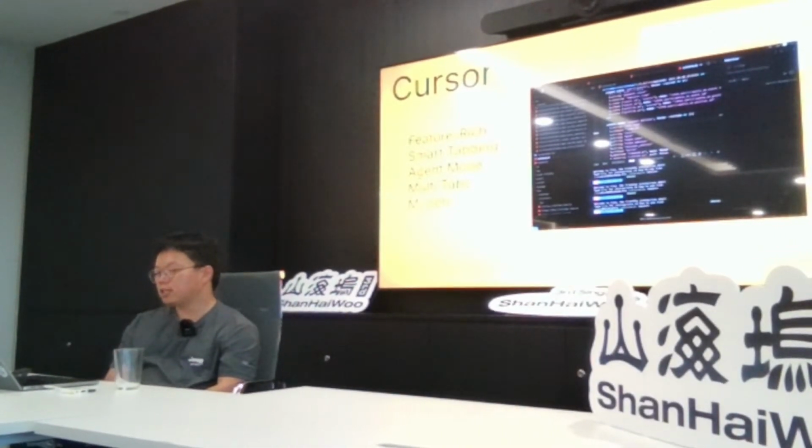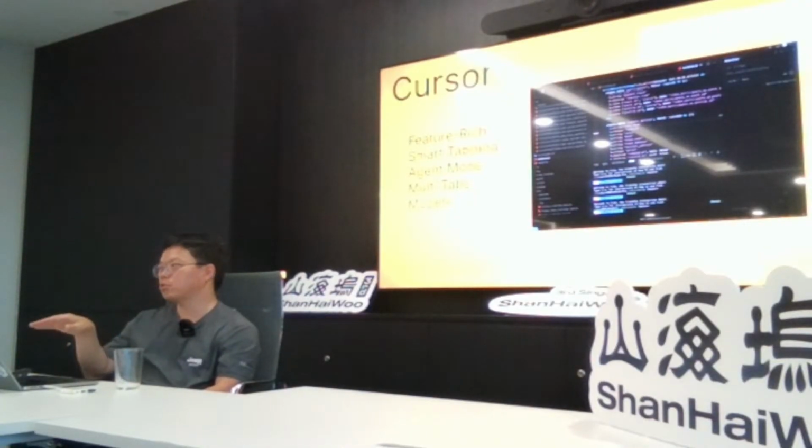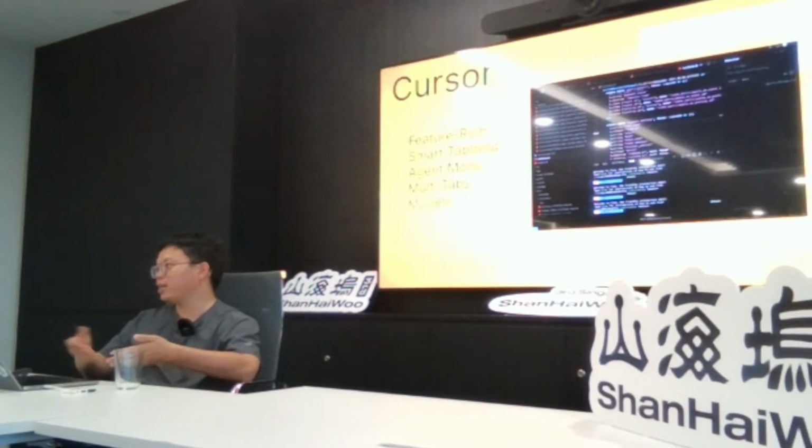But the problem is that it's guessing the origin of the issue from the stack trace and from the error message, but it may not get the right answer. And I think it's always frustrating when you copy the error message and it gives you a few fixes, but they just don't work, and it's the same error again and again, or it deletes more code and makes the code base more messy.